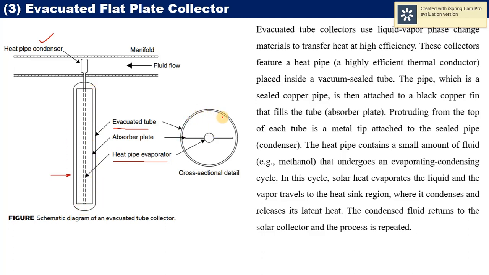The energy absorbed by the fluid inside the heat pipe evaporates it first, and then it rises up to the condenser section, where it releases its energy to the fluid flowing through the manifold. This is the cold fluid, and after absorbing the heat from the heat pipe, it is converted into hot fluid.